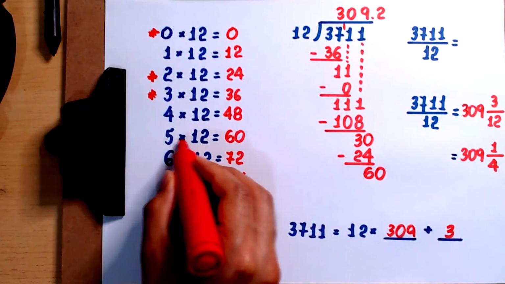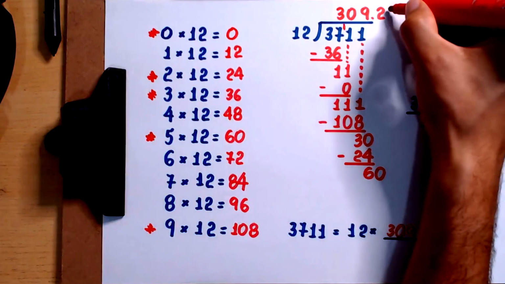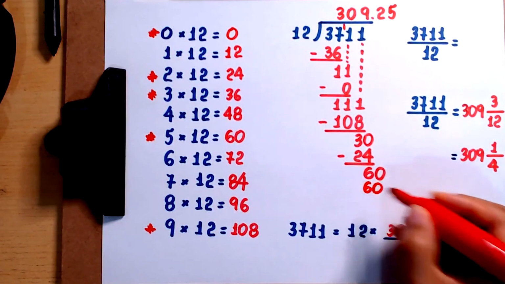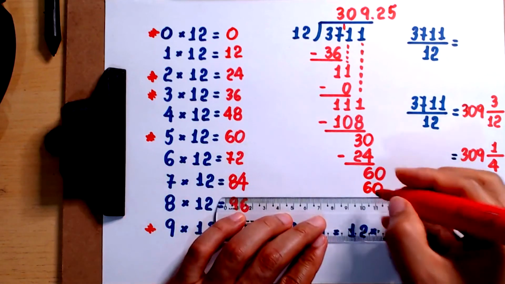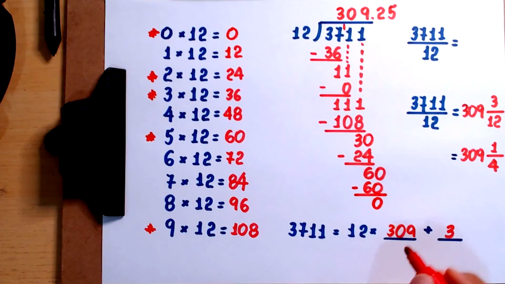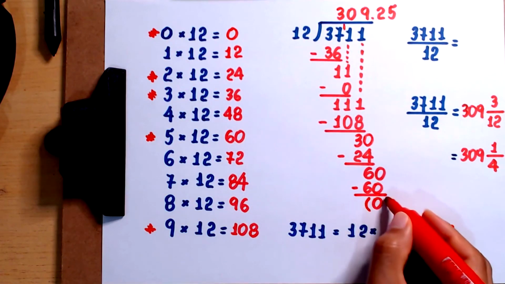Notice that 5 times 12 equals 60, so 5 is the number we were looking for.